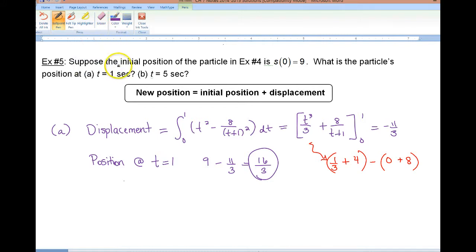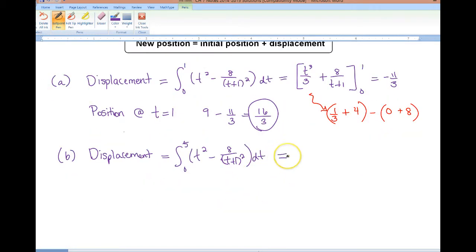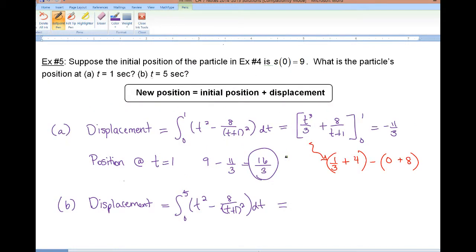All right, how about the next one? Whenever you're looking for your final position, or position after a certain amount of time, we're going to start at 0.